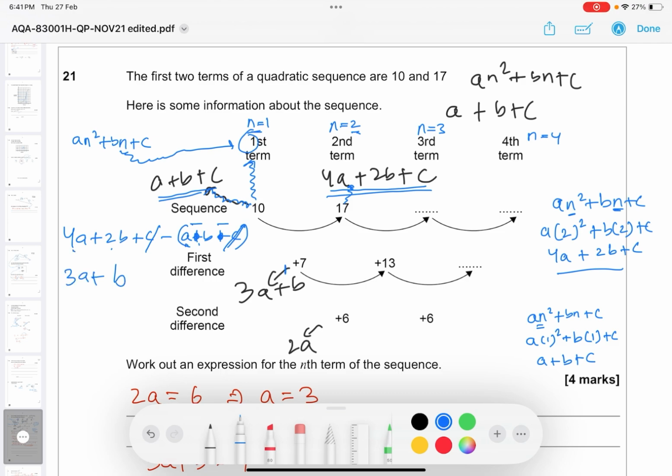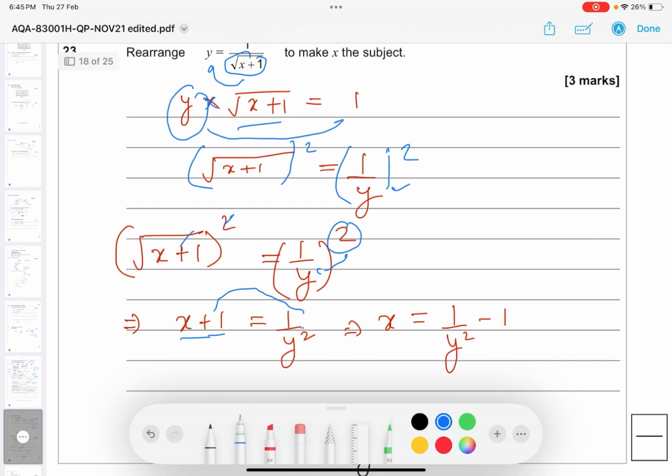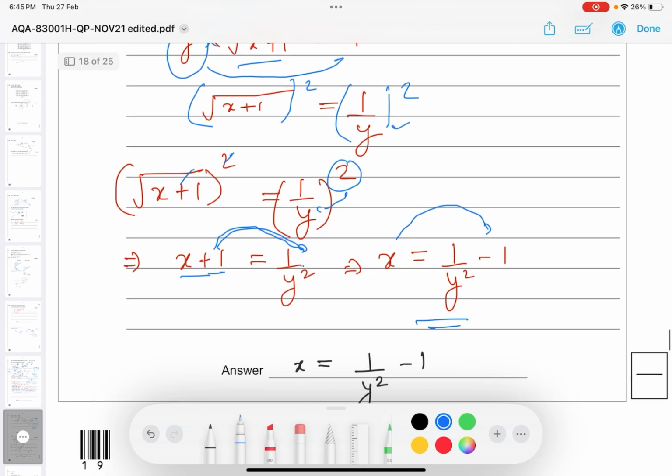So this difference would be 3a plus b. And the second difference in the same way would be twice a. Just note it down that the second difference equals 2a. Alright. So 2a equals 6. Now I will send this one to the other side. It is positive over here; once it reaches the other side, it will come in subtraction. And this is our final answer.